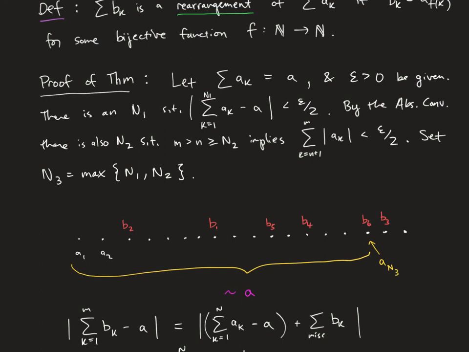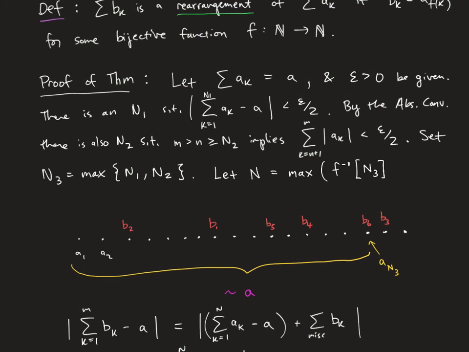What we can do is just take the inverse image of the set 1 through N3 by the bijection f. So we're going to let capital N equal the max of the set f inverse of the first N3 integers.